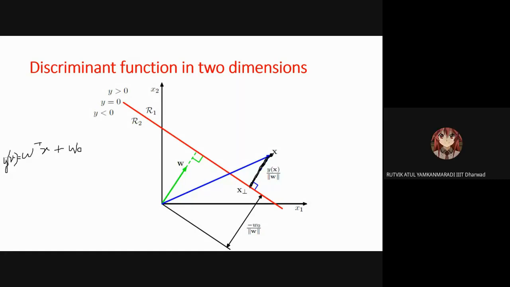Lies beyond the hyperplane. Exactly. So all those x, when you take a projection on W, should come above this W0 point, right? Then when you subtract it, you will get a positive number. Similarly, if you get a negative number, it means you are talking about all those x which fall below the hyperplane.